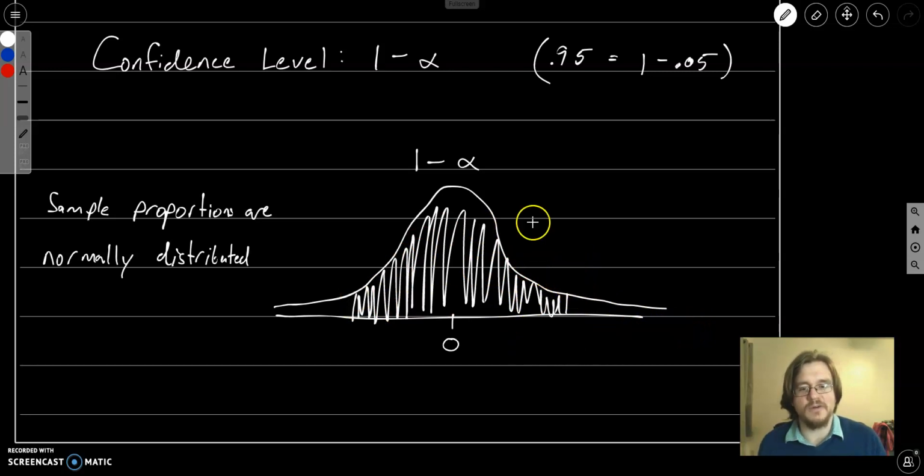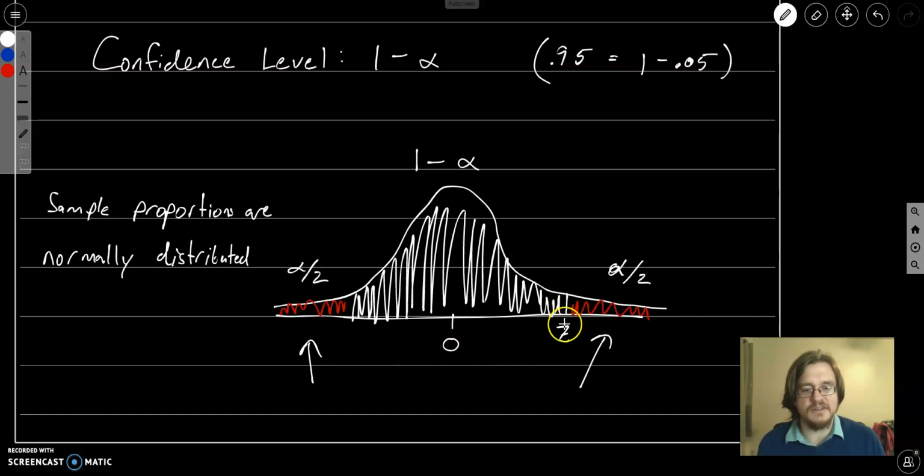So what's left over? If 1 minus alpha is in here, alpha should be the rest of this area. Half of it is going to be over here, and half of it is going to be over here. So if 1 minus alpha is the area in the middle, then alpha divided by 2 should be the area over here, and alpha divided by 2 should be the area over here. And we'll have two z-scores.